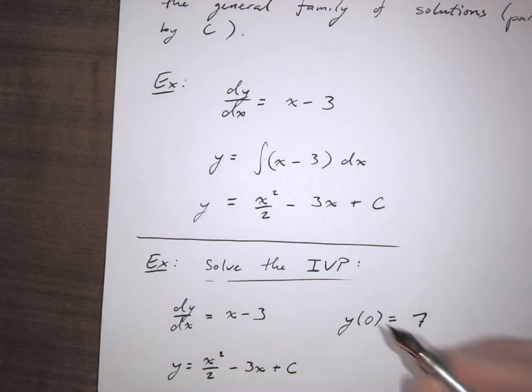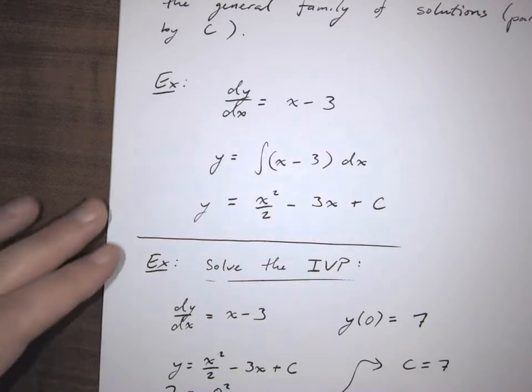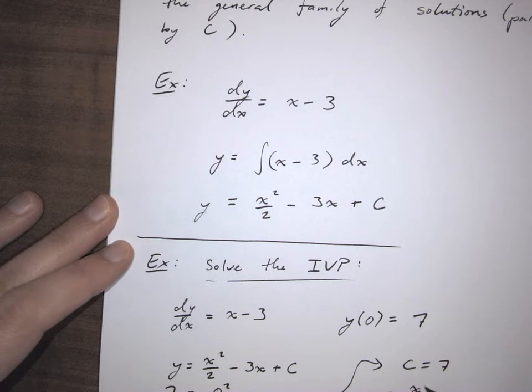But now plugging in 0 for all the x's and setting the result equal to 7, we get c equals 7, which gives us the solution y equals x squared over 2 minus 3x plus 7.